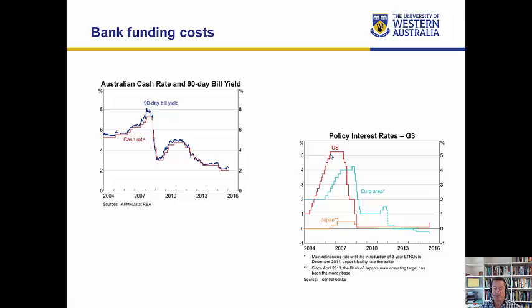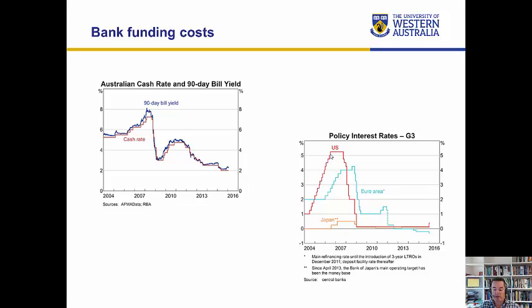So short-term interest rates are at the control of central banks, and therefore they are not correlated across countries like long-term interest rates are. So now that we know that a change in the cash rate affects short-term interest rates but not long-term interest rates, and the reason that changes in short-term interest rates don't affect long-term interest rates is because of the expectations hypothesis, and we covered that in the topic, the microeconomics of financial markets.